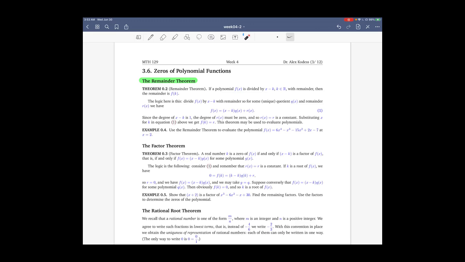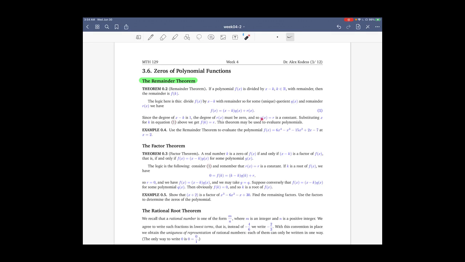Since the degree of the polynomial x minus k, which is the divisor, is 1, the degree of the remainder must necessarily be less than 1, or the remainder must be 0. If the remainder is not 0, its degree, being less than 1, must be 0, and so the remainder must be a constant polynomial. The only polynomials of degree 0 are constant polynomials.